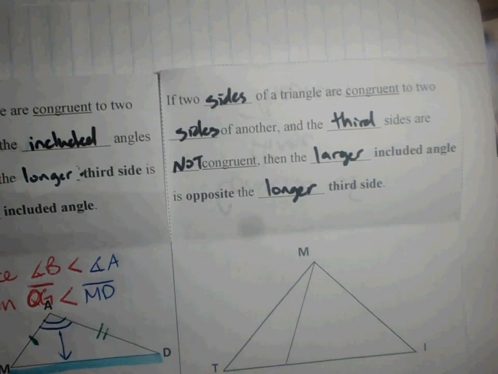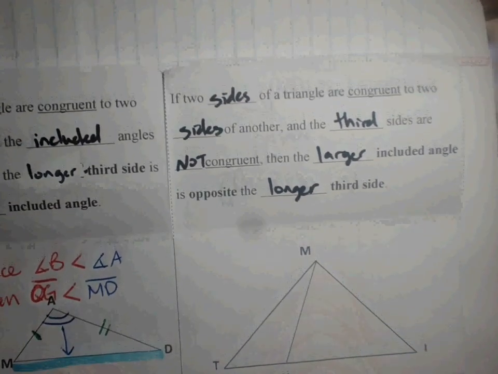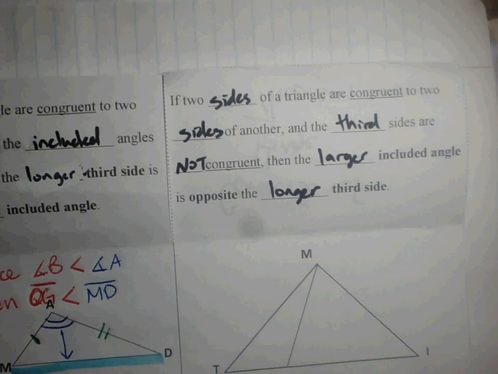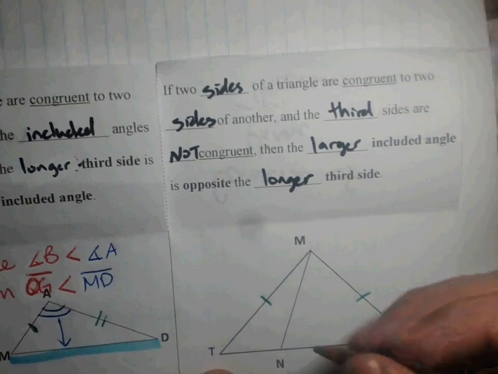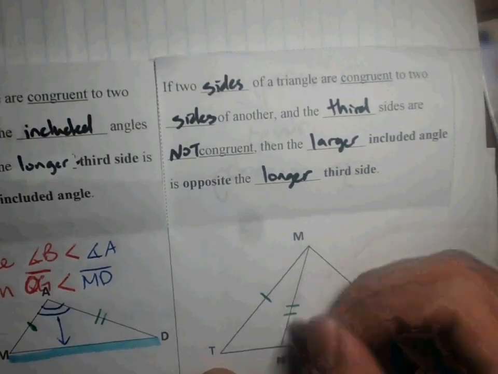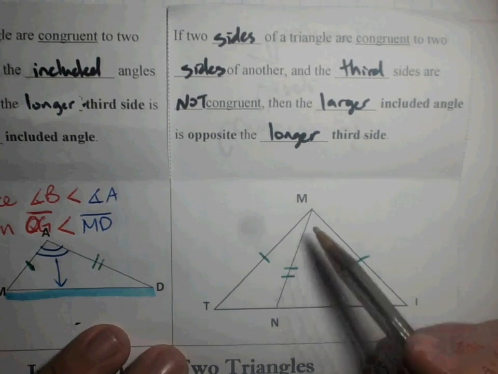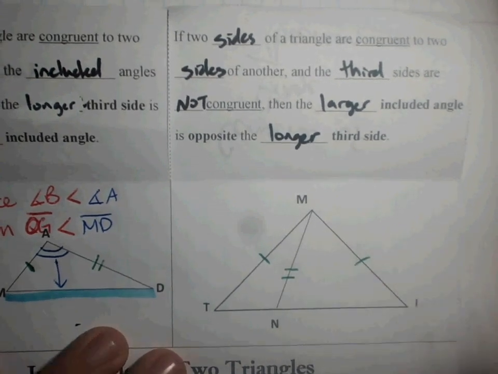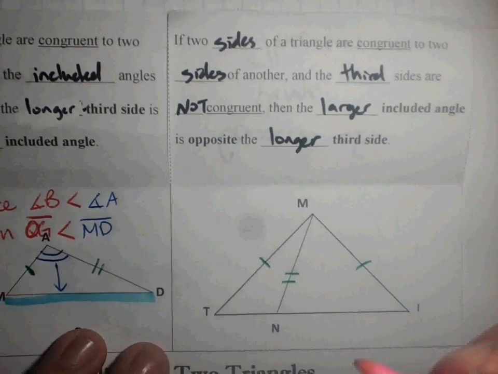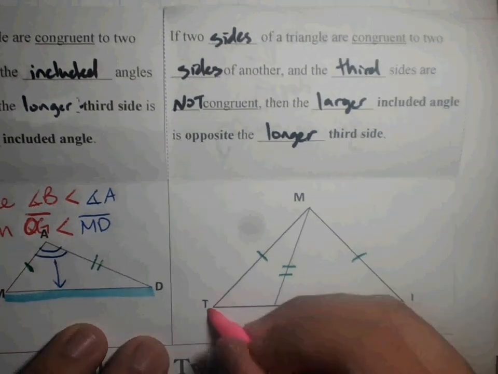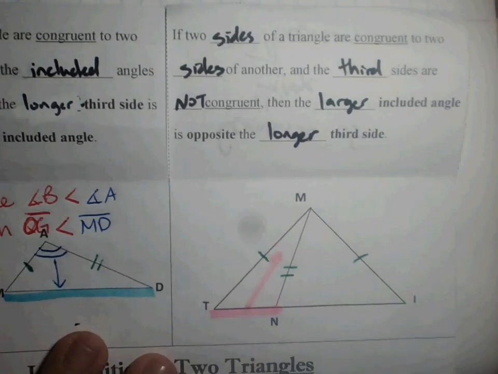Again, we have this triangle MINT, but just like before, we have these two sides being congruent. If MT and MI are congruent, and obviously MN is congruent to itself, you can kind of tell that this side NT is obviously not the same as this side NI.